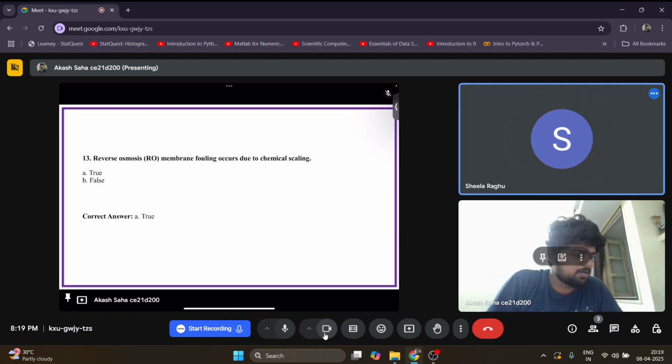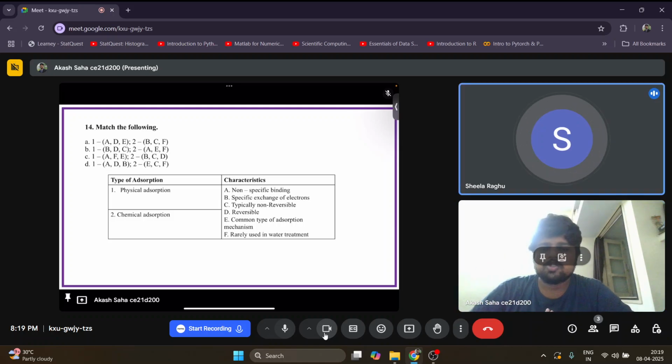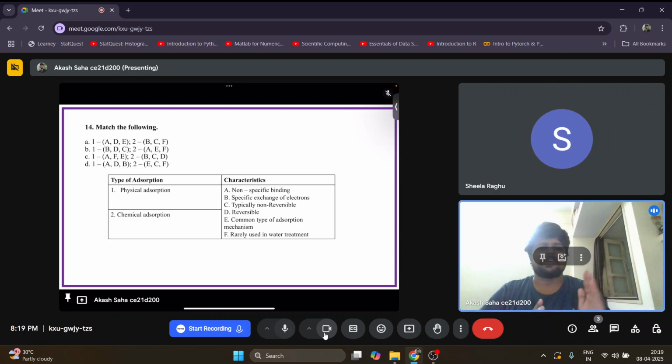Next. Here we have given two types of absorption. One is physical absorption and one is chemical absorption. You have to tell me what are its characteristics. Six statements are given on the right side.